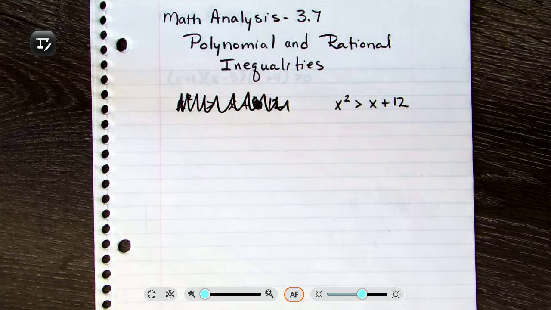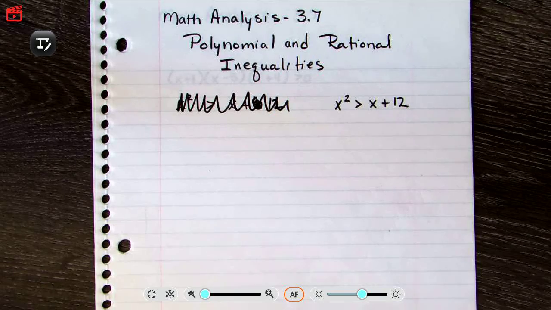And I'm going to do this one actually in two ways, because sometimes graphing both sides is not an easy task to do accurately. I do it two ways so I can show you that they do mimic each other.